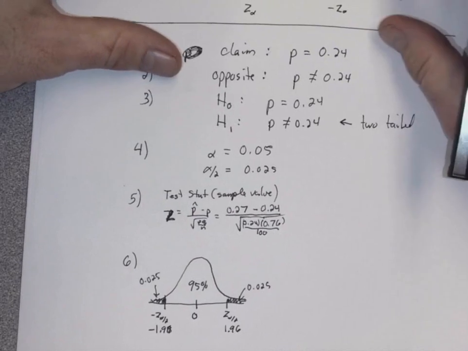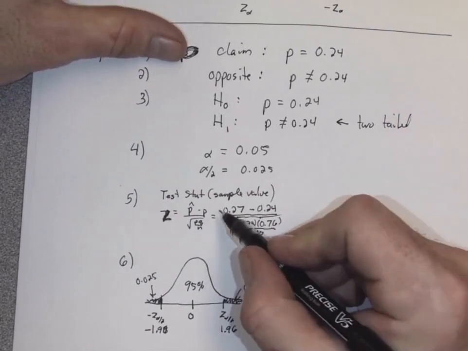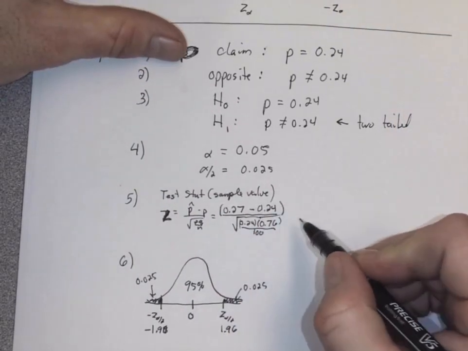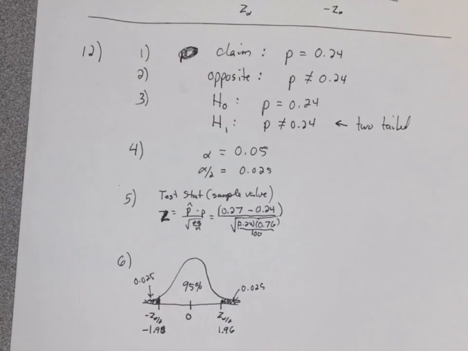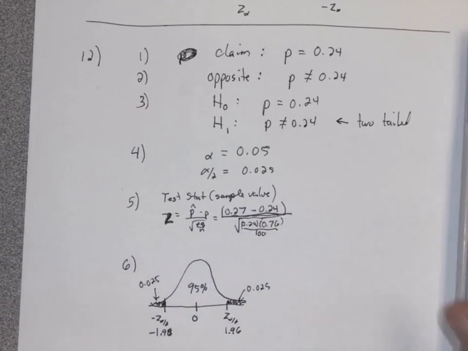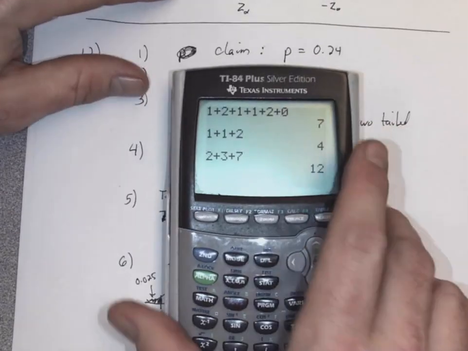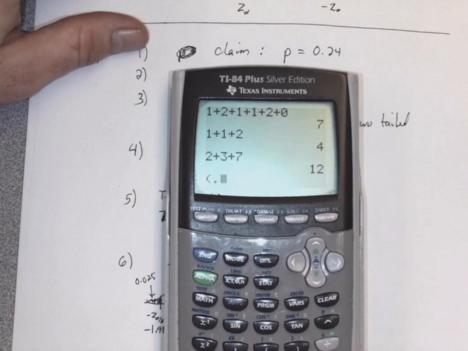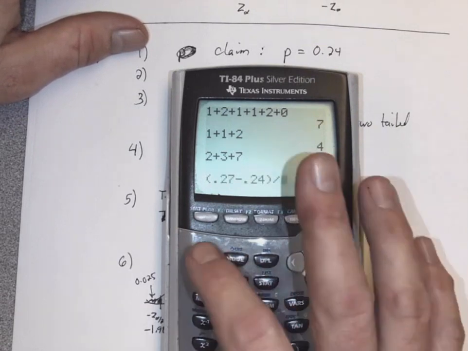When you plug this into your calculator, make sure that you put parentheses around the numerator. This big giant division basically means that the top is grouped, so make sure that you group the top so the calculator sees that. So I plugged in 0.27 minus 0.24, close parentheses, divided by the square root.